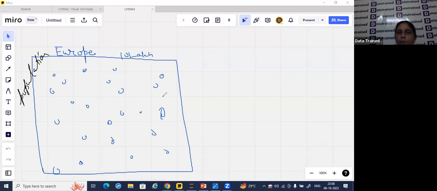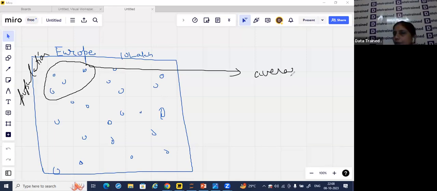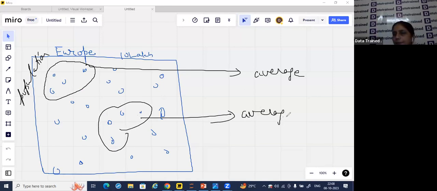But just to find the average, I can take a subset of it and find the average salary. I can take this subset and find the average salary, or I can take this subset and find the average salary.